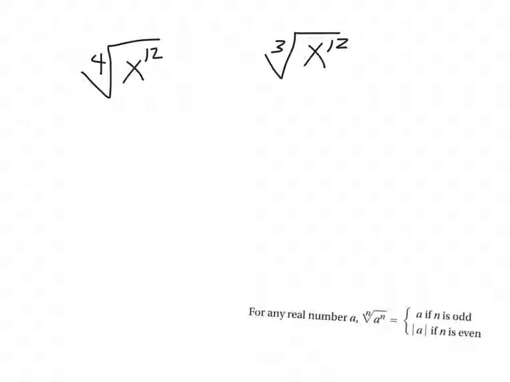The idea that -2 times -2 is 4, but if I'm trying to get the cube root, -2 times -2 times -2 gives a negative 8. Trying to get that principal square root idea, if that makes sense.